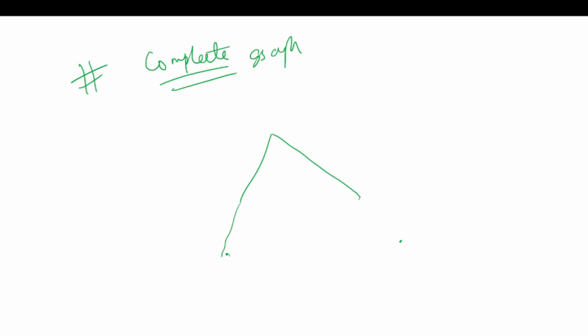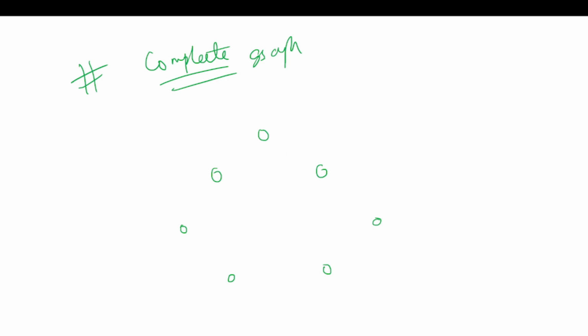Let me clean again. I will try, don't worry, I will retry. So let's suppose I have one node here, another here, another node here. I can take one node here, one node here, and then one node here, one node here, I guess. Yeah, now we'll connect them with each other.